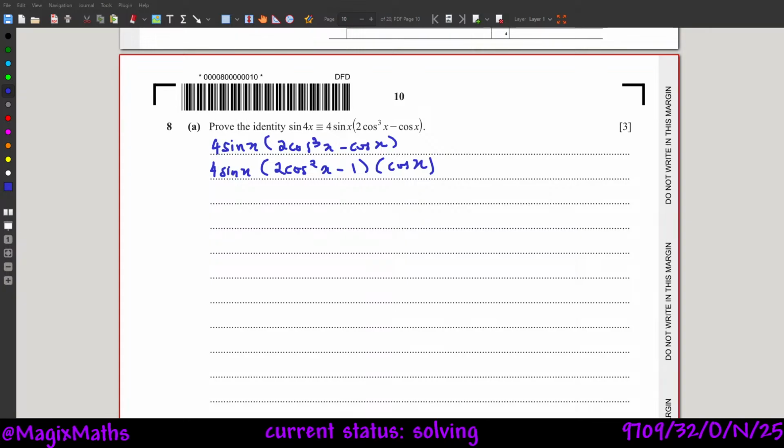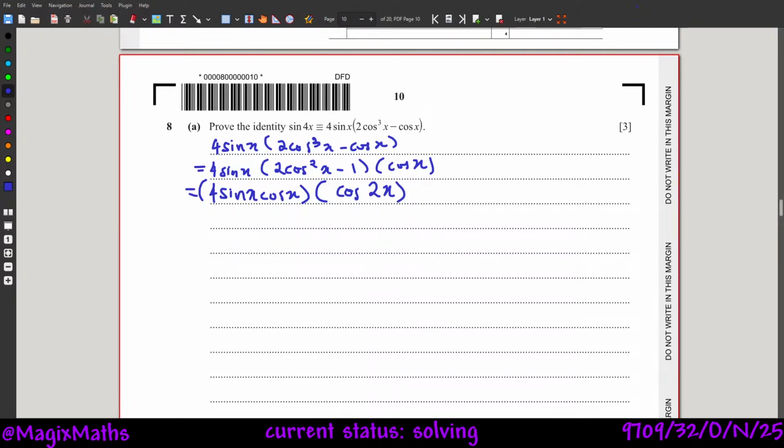So I think we should definitely turn this into 4 sine x cos x, and then this will turn into cos 2x. And then using this, it's also equivalent to 2 sine x cos 2x.